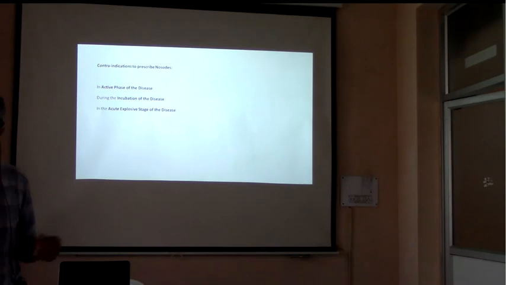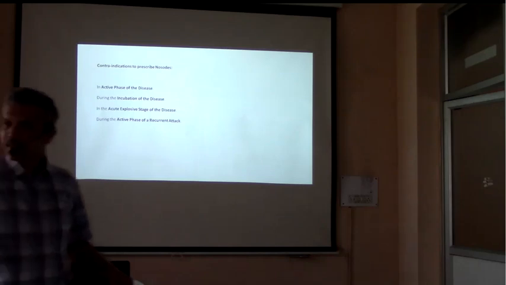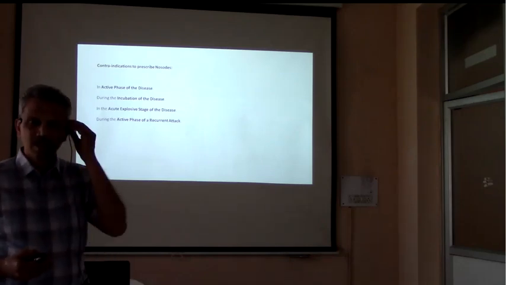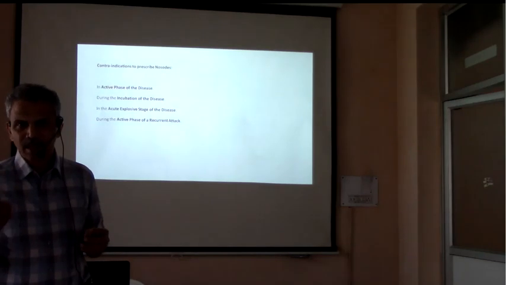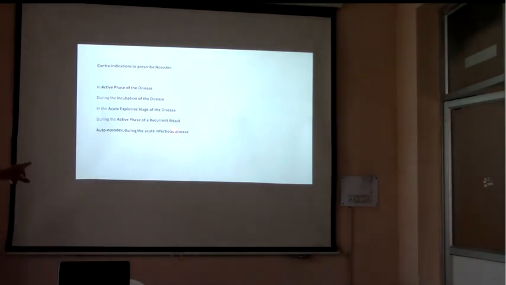Okay. So again, indirectly what all these things tell you is, during all these stages, the vitality of the patient will be decreased. So they say you need to be a little careful. The last thing here is, autonosodes during an acute infectious disease should be avoided.